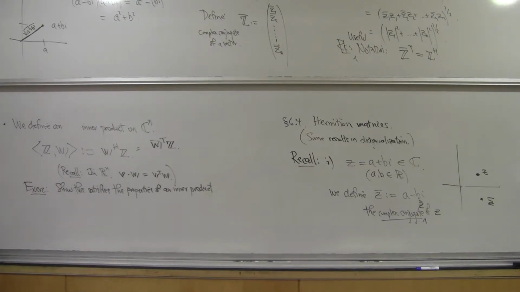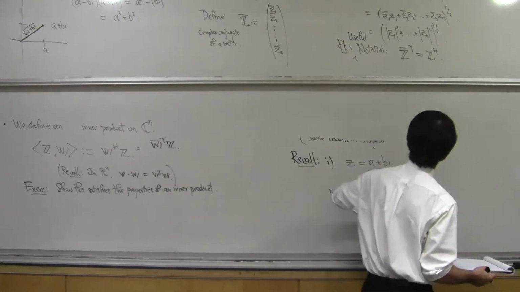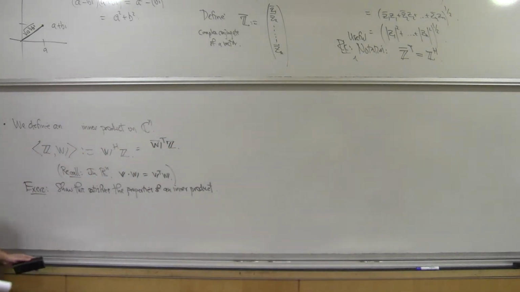You remember that to be an inner product, you had to satisfy a bunch of things. Now, the joke is, it's not an inner product. It's actually not an inner product. Can anyone see why this is not an inner product? There are a couple ways in which it fails.